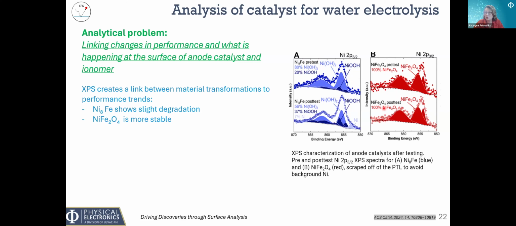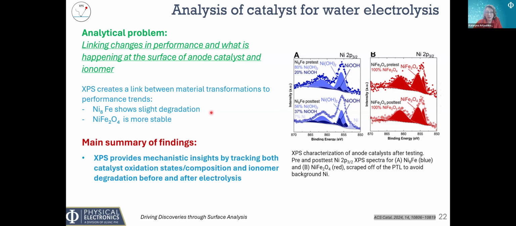The distribution of peaks that you see here on the screen is very similar before and after, so it indicates that this catalyst is much more stable. So in summary, XPS provided mechanistic insights by tracking the oxidation state and composition of the catalyst. I'm not showing it here, but the authors also included a study of the ionomer that is a part of your electrode layer before and after electrolysis.